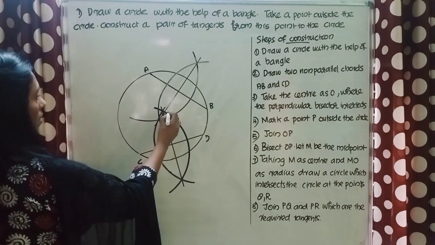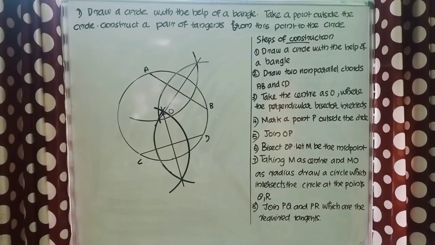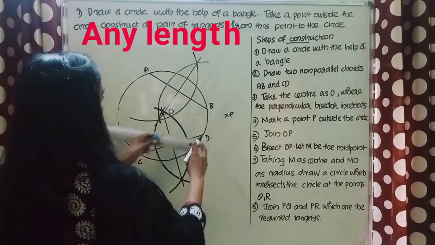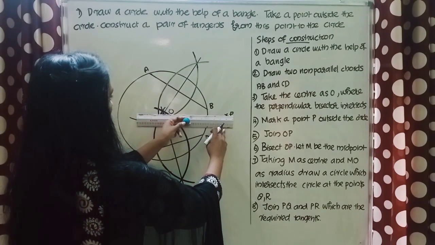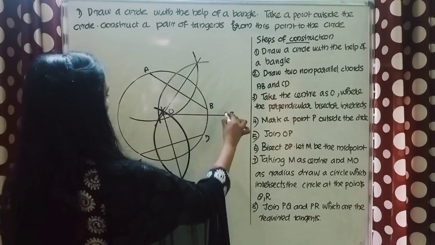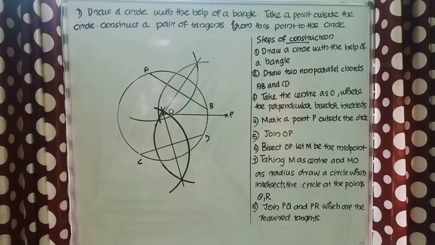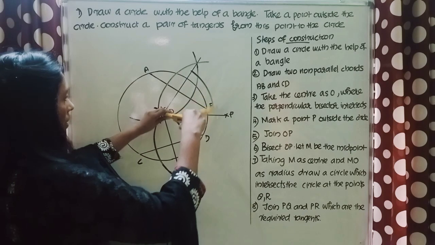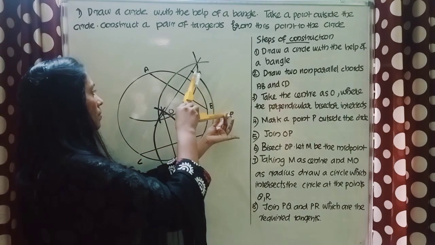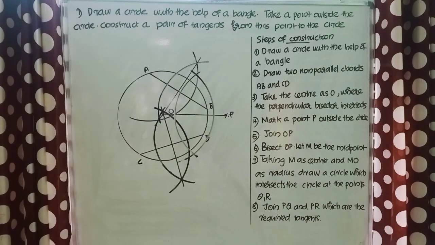Let O be the center of the circle. Now let us mark a point P outside the circle and join OP. Now let us bisect the line segment OP and let M be the midpoint.